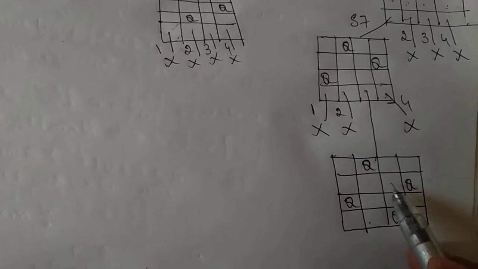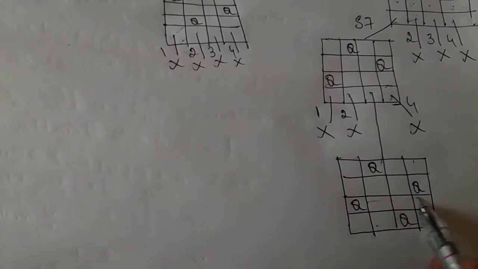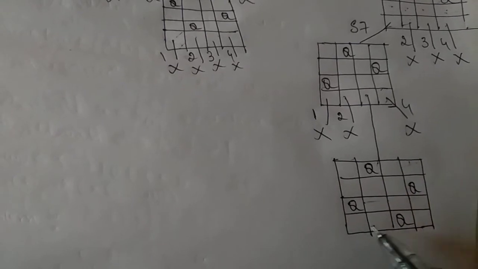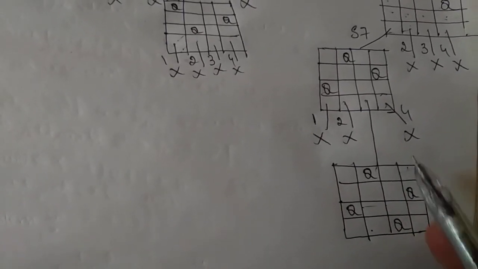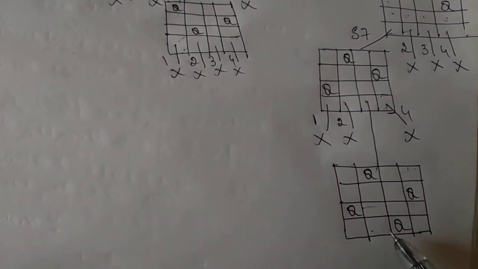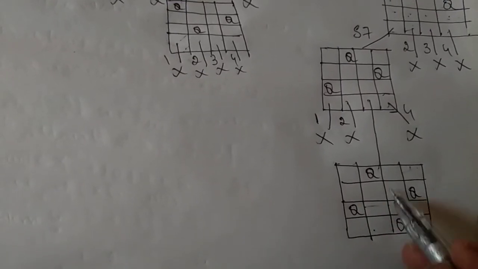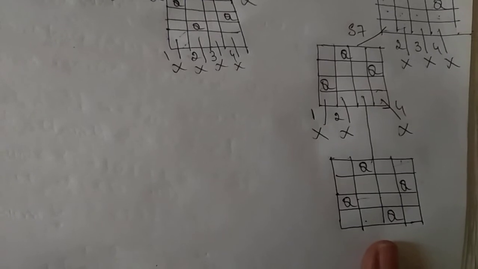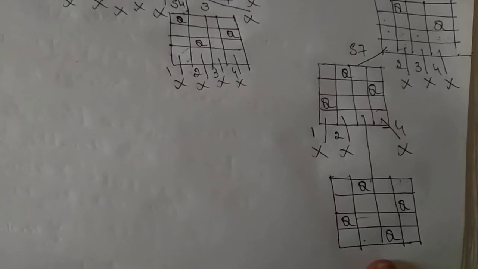This queen, it is going like this, no queens, like this and like this, no queens. Here, like this, diagonal, this diagonal, like this, no. Here, no, diagonal, no, this diagonal, no, no. This is one solution. You can stop here or you can go for further solutions.